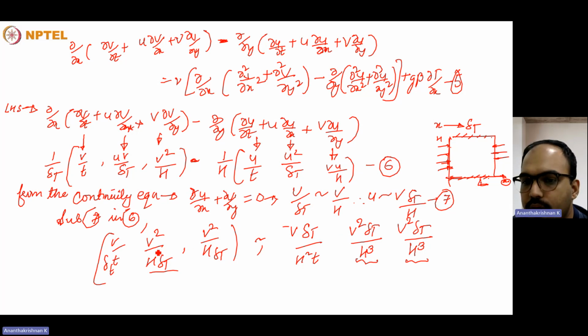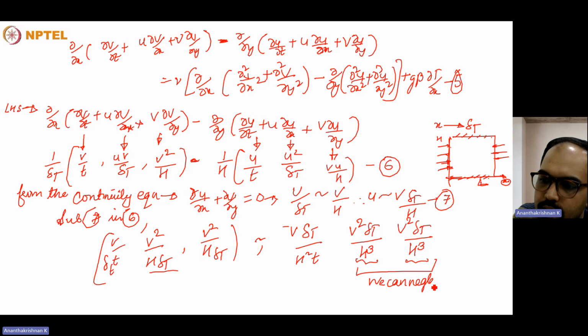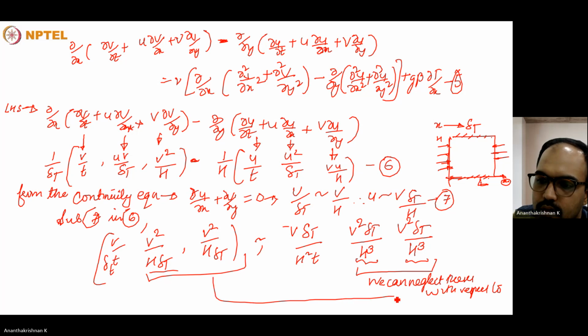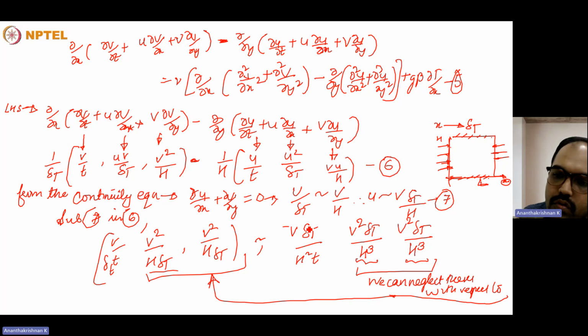If you compare this and this, taking V squared out, there will be H delta T and there will be H cube by delta T. So this H cube by delta T will be significantly higher compared to the H delta T. But since this is in the denominator, this will be very small. Similar to that, this also is very small. So we can neglect these two with respect to these two terms. So these two terms will be eliminated.